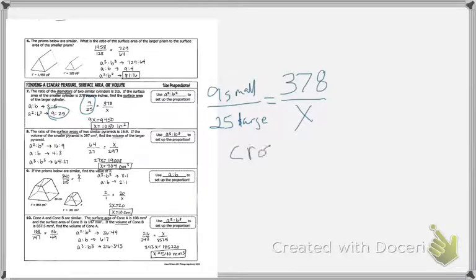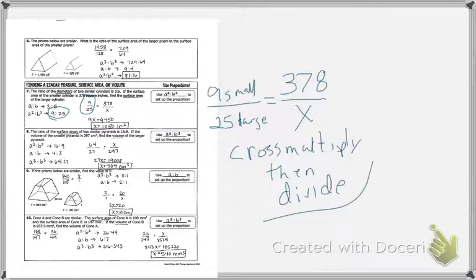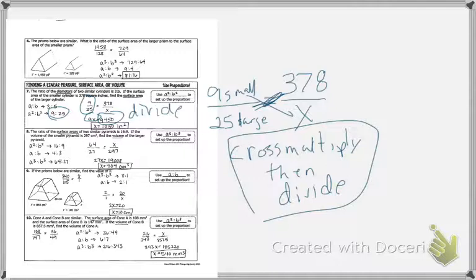This is cross multiply. Cross multiply those two, and you get 9450. Cross multiply 9 and x, you get 9x. Then you divide, and you get your answer.